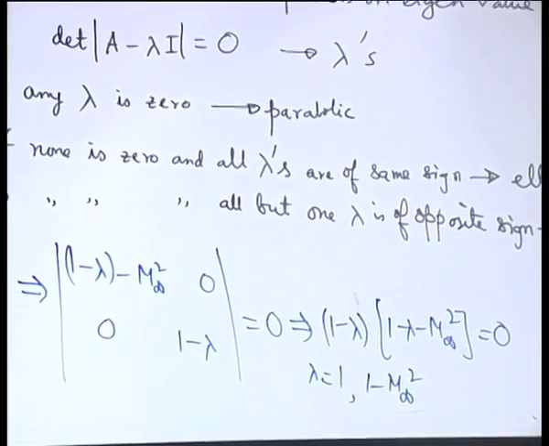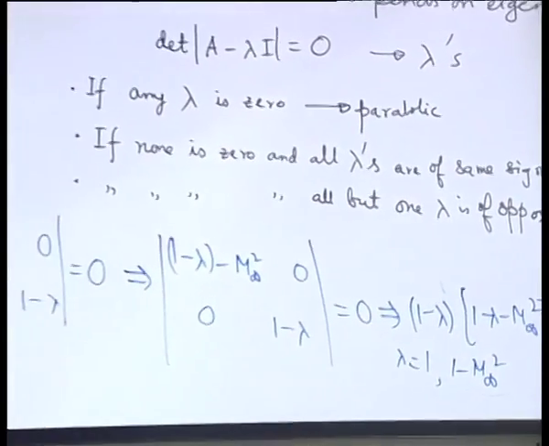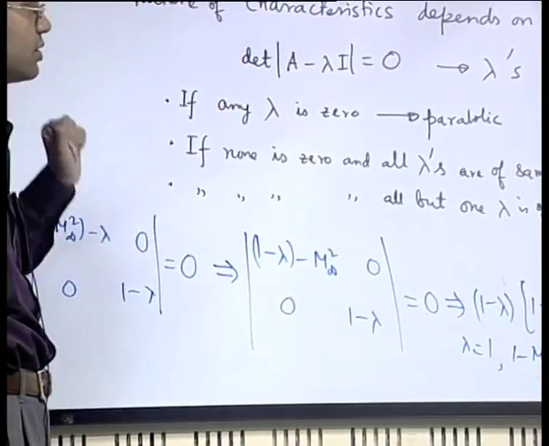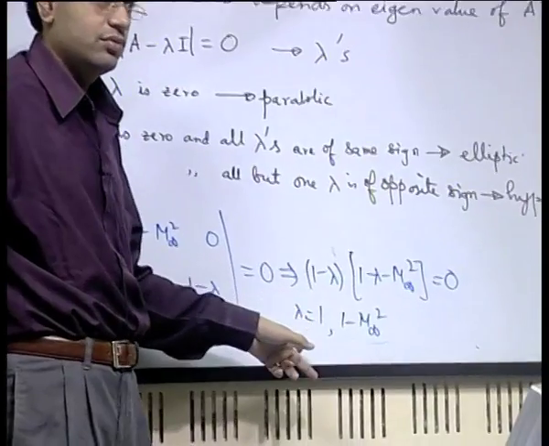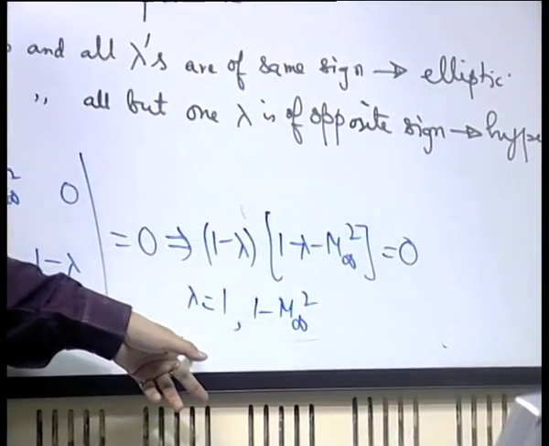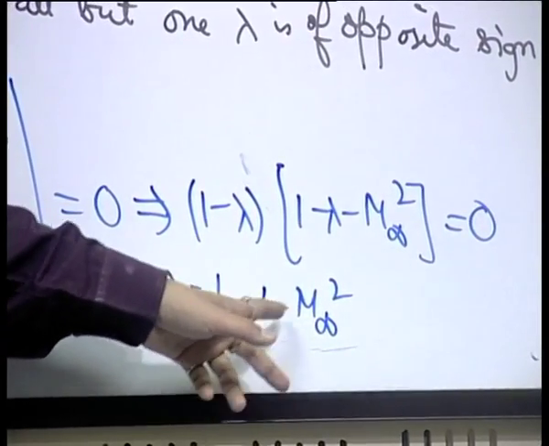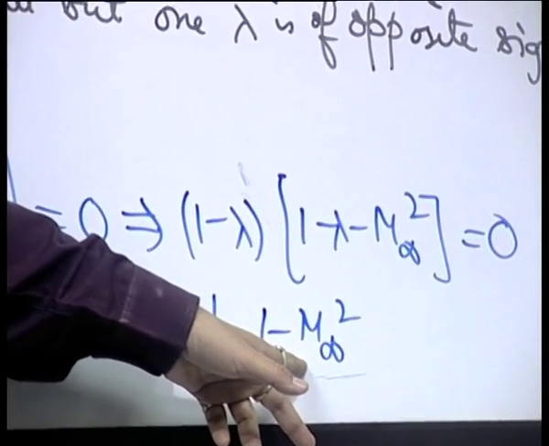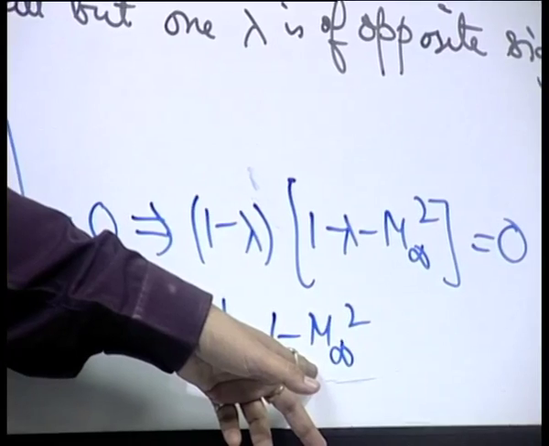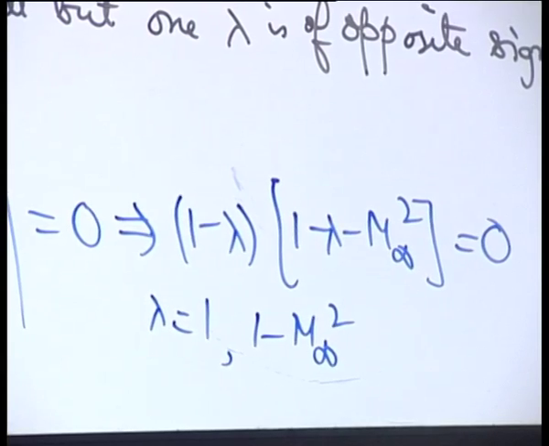Now let us find out the nature of this equation. Here no eigenvalue is 0, but one of the eigenvalues can be 0 if M infinity is equal to 1. One eigenvalue equal to 0 means it becomes parabolic.